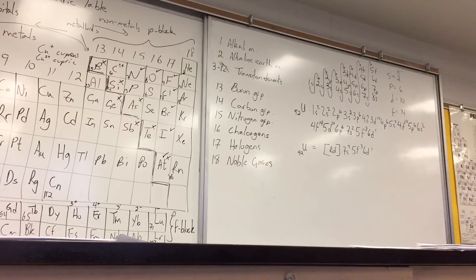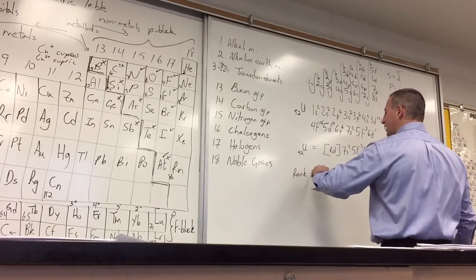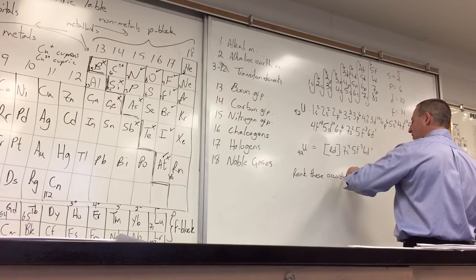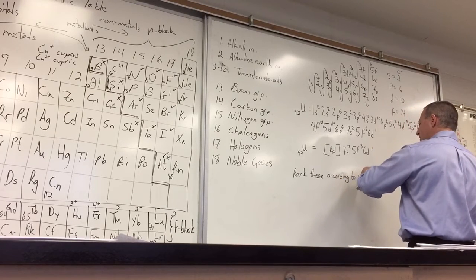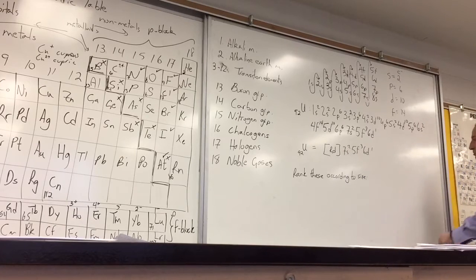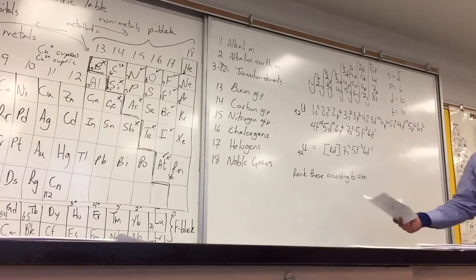Let's take, for example, phosphide, sulfide, chloride, argon, potassium, and calcium. The question will be something like, rank these according to size. And I'm going to give you a set of isoelectronic ions, meaning that the ions have exactly the same number of electrons, all of them.